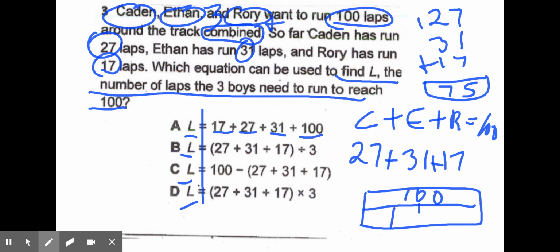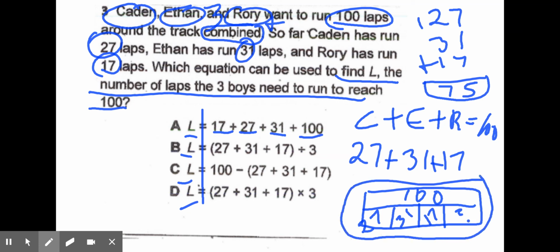And I would split this up into 4 sections. We have Caden that's 27, Ethan that's 31, and Rory that's 17, and I don't know this missing amount. So if I look at my strip diagram, I know when we would make one like this in class, my kids would always tell me, well, Miss Seitz, you've got to add up these parts and then subtract it from the total. Well, let's see if that one's a choice.